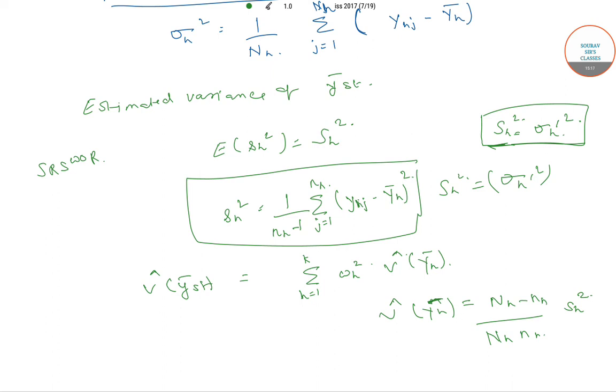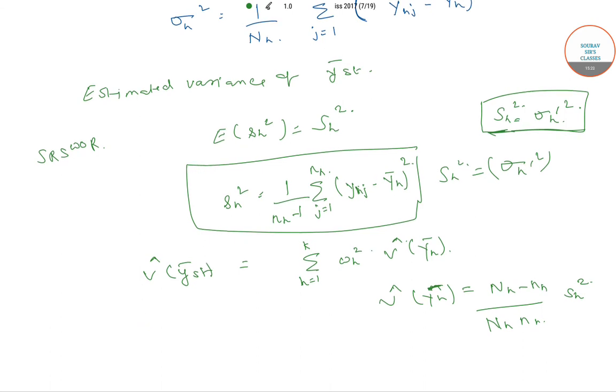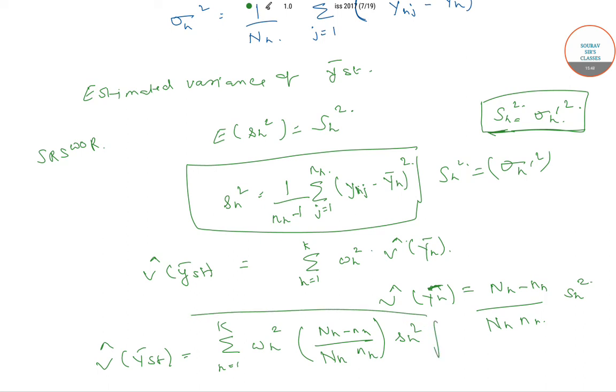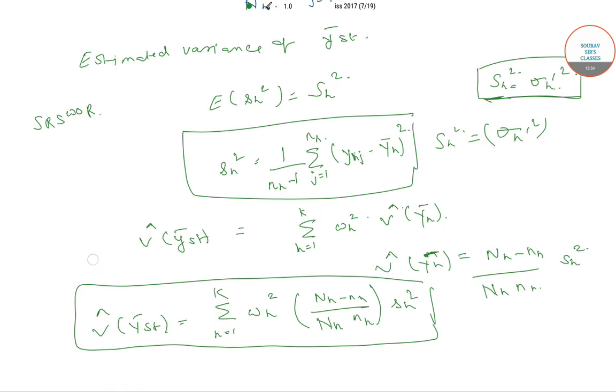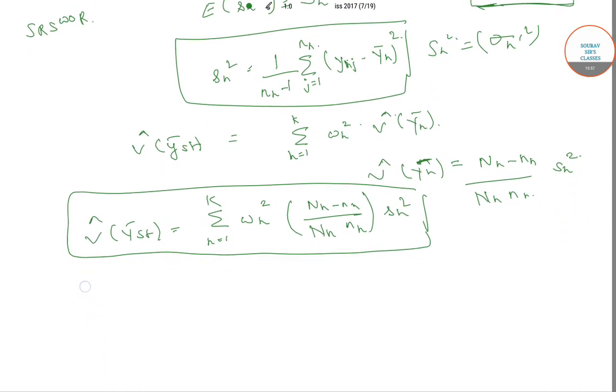So this is the estimated variance of ȳ_h. So the estimated variance of ȳ_st would be equal to the summation h goes from 1 to k of W_h² (N_h − n_h) divided by (N_h n_h) into s_h². This is the estimated variance of ȳ_st in case of simple random sampling without replacement.